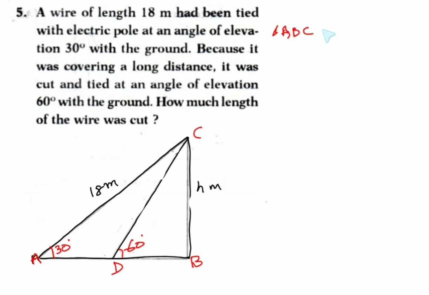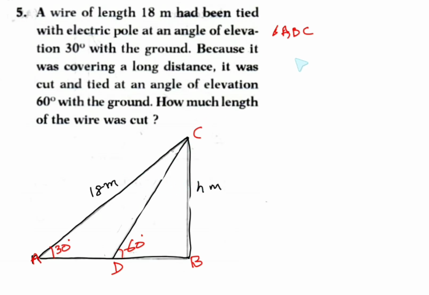ABC triangle. We need to find H, the full height of the pole. The relation is between the hypotenuse and BC. The ratio of BC and hypotenuse is sin or cosec.